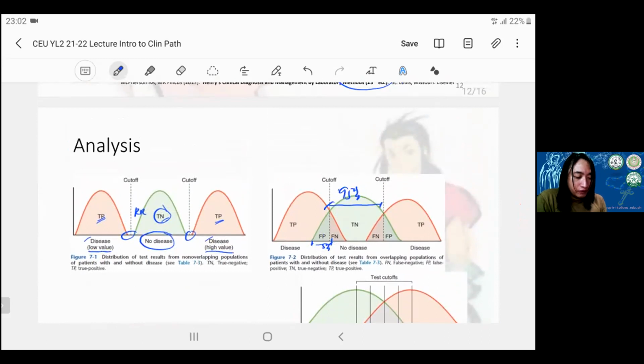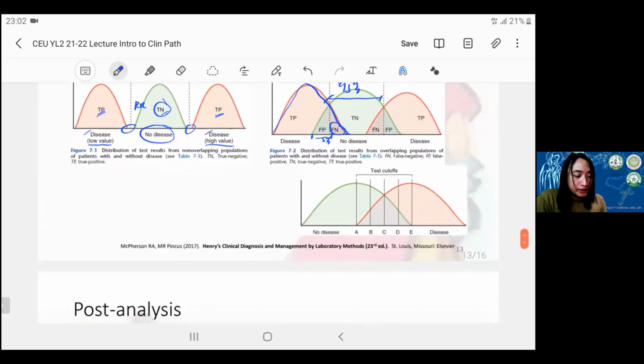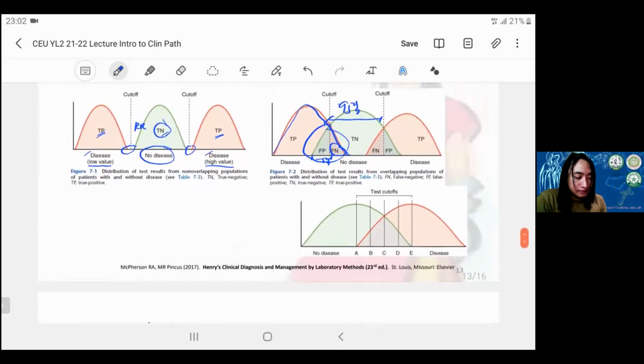Your false negative would fall wherein the patient actually has the disease, but the value is within the reference range. So again, there is another distribution curve for the patients who have the disease.